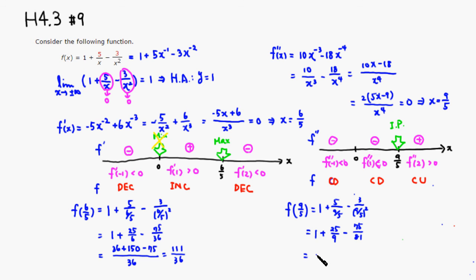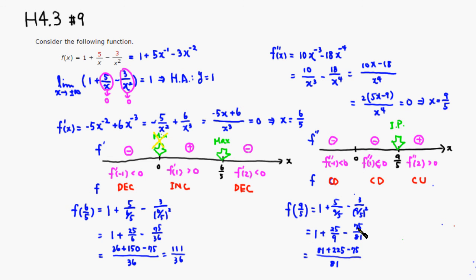So if you take the common denominator, which is 81, you have 81 plus, let's see, we have to multiply 25 by 9, so that's 225, right, minus 75.